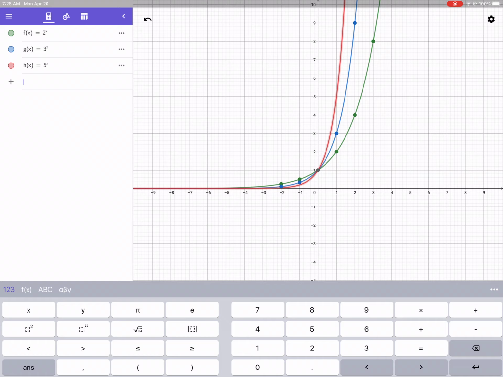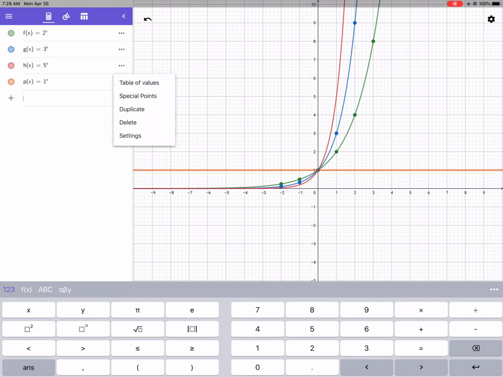A lot of people will say, what about 1, right? We went 2, 3, I went up to 5. So if I raise 1 to the x power, where the exponent has the variable, 1 to a power is not an exponential graph. It's actually linear, because when you raise 1 to any power, you always get 1.